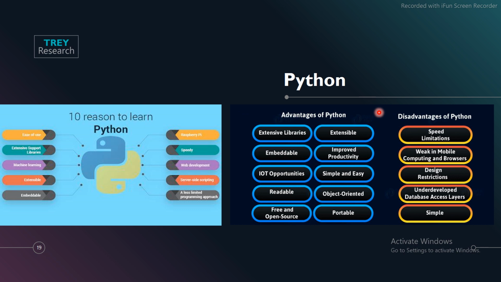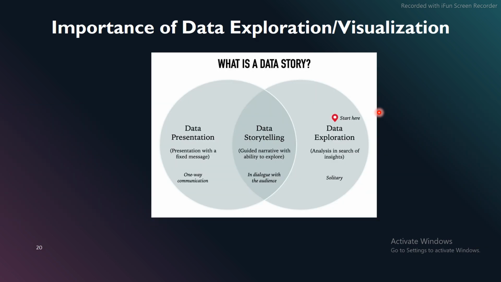So they do use it. And the disadvantage part is that if you have a lot of data, obviously there is a speed problem, and it is weak in mobile computing. So there are fewer disadvantages, I would say, but more advantages when it comes to Python.